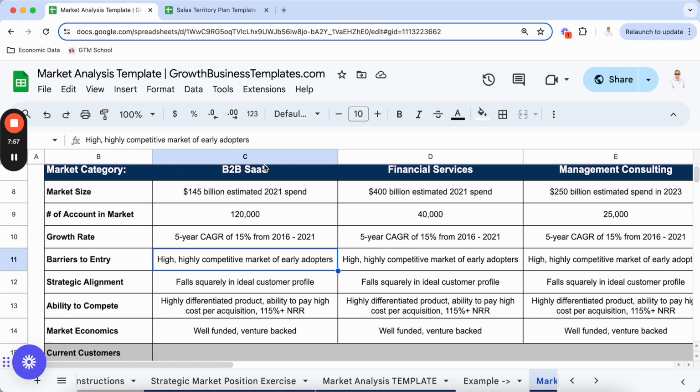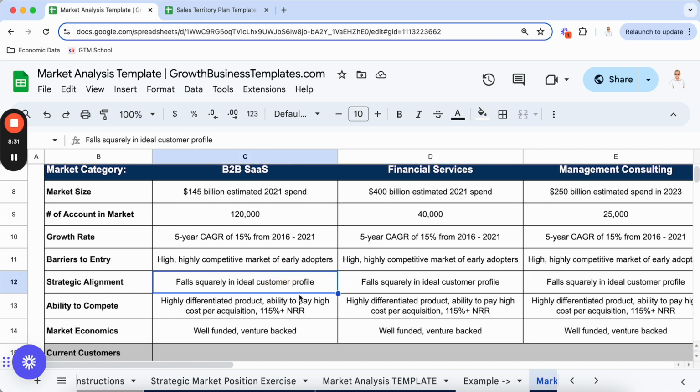B2B SaaS, like let's say you're going for early stage SaaS companies that are early adopters, they may be much more likely to adopt your product than, let's say, a multinational financial services company that has slow internal processes to purchase software. They have very strict security requirements. So this may be much more difficult to break into.